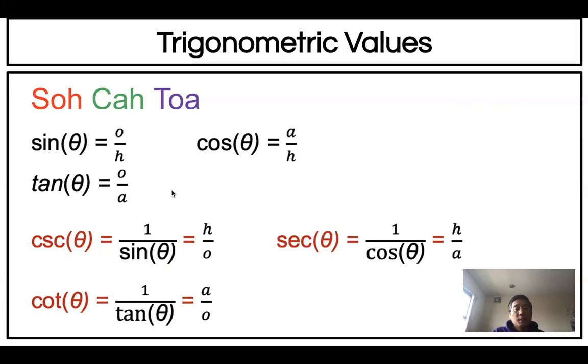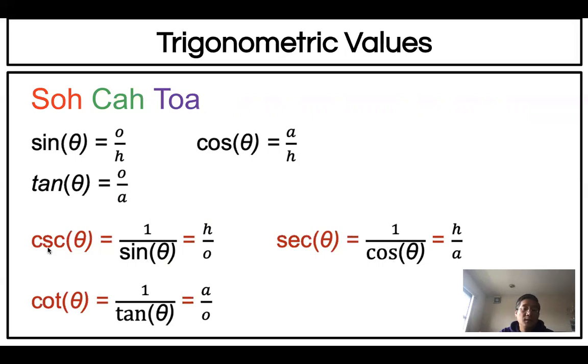But now, we learned before that cosecant is 1 over sine, the reciprocal of sine, right? Cosecant is a reciprocal of sine. Secant is a reciprocal of cosine, so 1 over cosine.